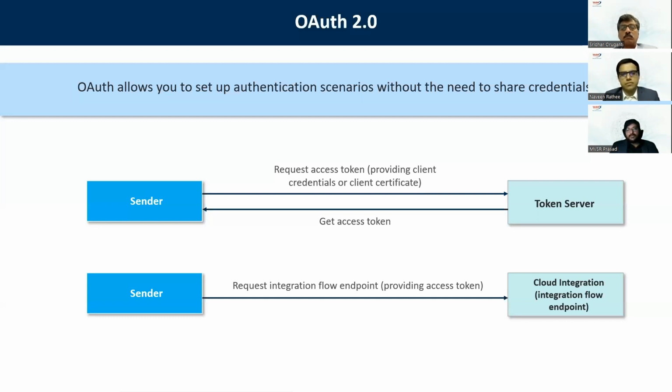Every call, a new token needs to be generated, and we built some custom logic to catch hold of the tokens using Groovy scripts, and then used those tokens dynamically while calling the APIs.